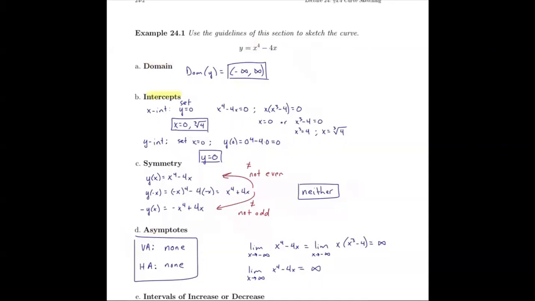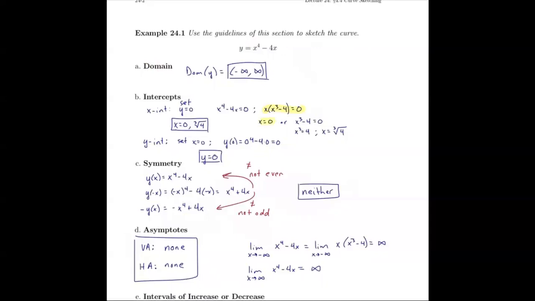Okay, so the intercepts of this function. Well, for the x-intercept, that's when y is equal to 0. So we set the function itself equal to 0 and solve for x. X-intercepts are x values, right? So setting this function equal to 0 results in this once we factor on the left-hand side.